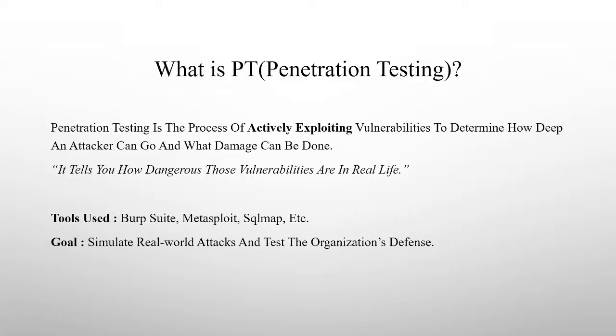Basically, we have to perform exploitation on that particular website or software. The organization will be safe if we perform real world scenarios on their websites or software, because then they can ensure that they are safe.